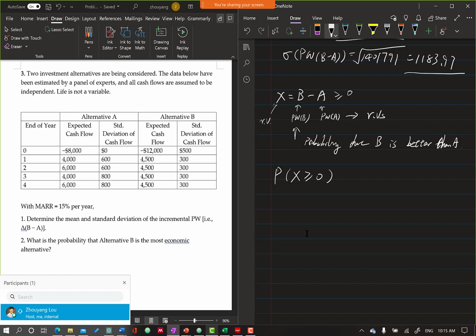So when we have the positive cash flow of b and take expectation of that, we still get a positive number, and then we will say that b is better than a. So it's exactly equivalent to say that x is greater or equal to 0, and we need to calculate this probability. Okay, so to do that, we are going to use our very familiar friend.